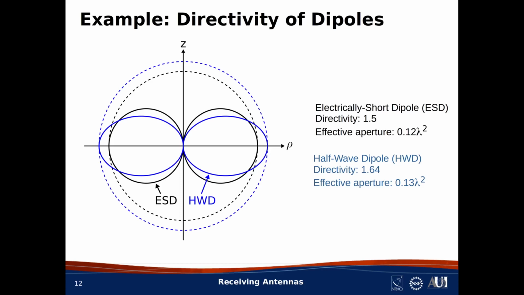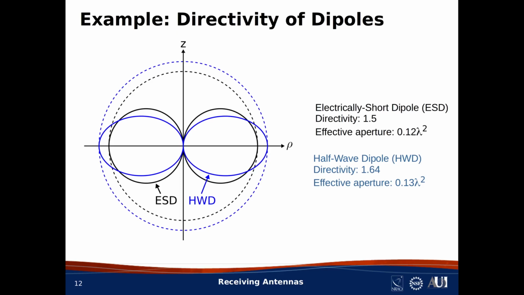To calculate the maximum effective aperture of the half-wave dipole, we need simply to multiply the maximum effective aperture of the electrically short dipole by the increase in the directivity. So 0.12 wavelengths squared times 1.64 for the half-wave dipole divided by 1.5 for the electrically short dipole gives us about 0.13 wavelengths squared. A modest but significant increase in effective aperture.